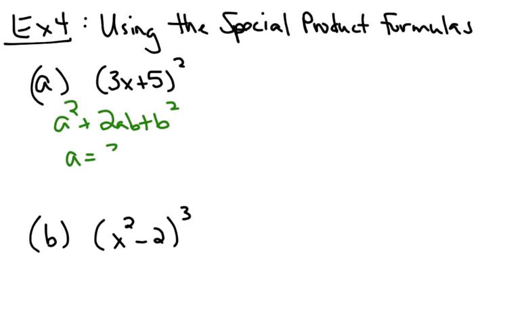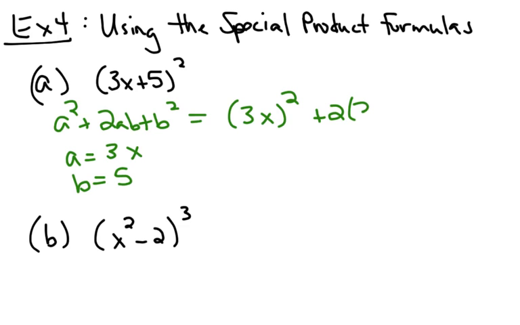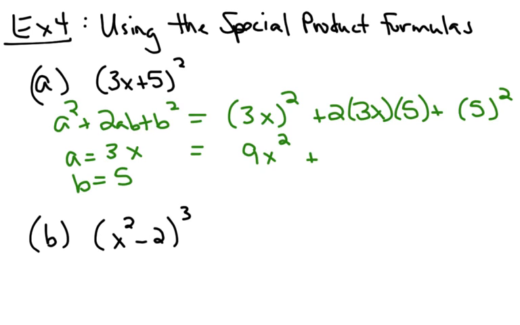Well, a is 3x, and b is 5. So I'm going to have (3x) squared plus 2 times 3x times 5 plus 5 squared, which is going to be 9x squared plus 30x plus 25.